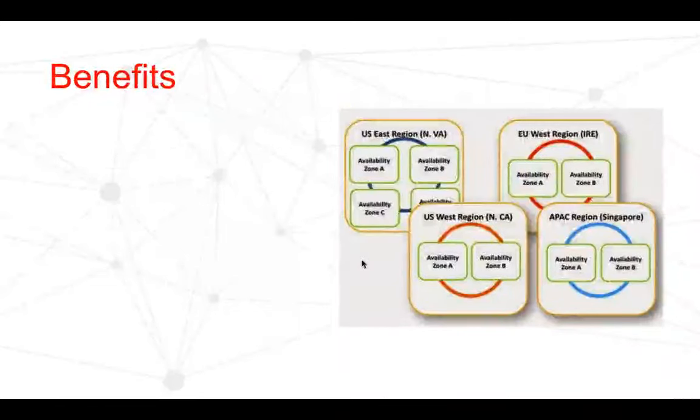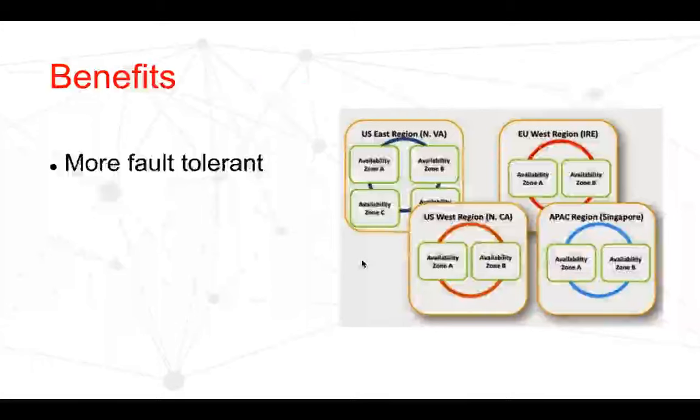What are the benefits you get out of auto scaling? First thing first, it makes your design more fault tolerant. For example, if you see this diagram in front of you on this PPT slide, let us take this US West region, North California.